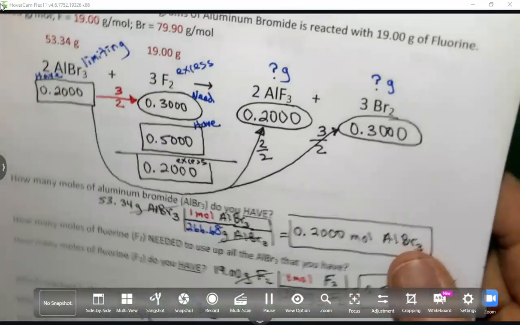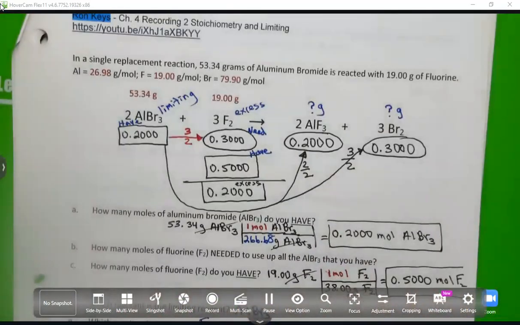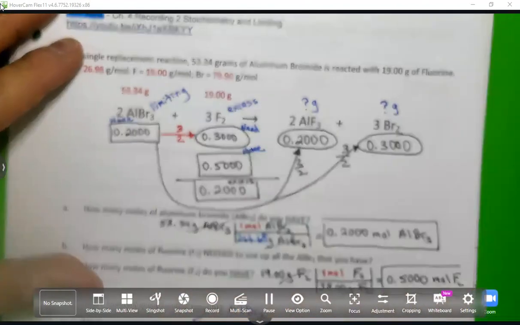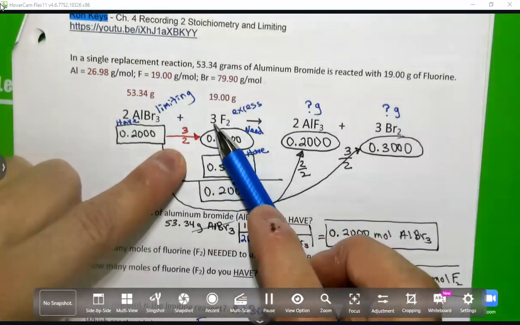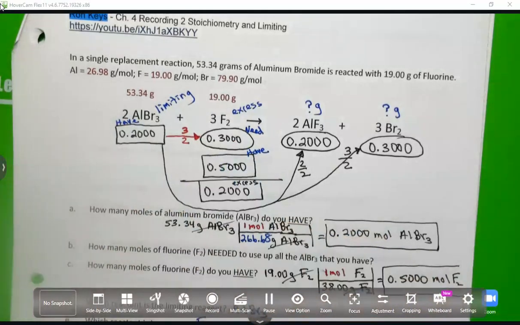Then we're like elementary art students. We're just drawing arrows and boxes and ovals. And when we draw our arrows, once we point our arrows, that number that we're pointing to goes on top. Where we start, our arrow goes on the bottom for the mole ratio factor fraction.